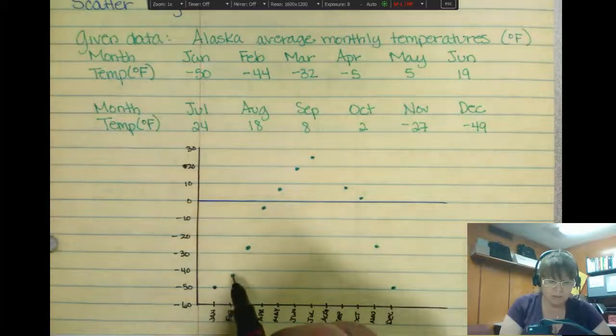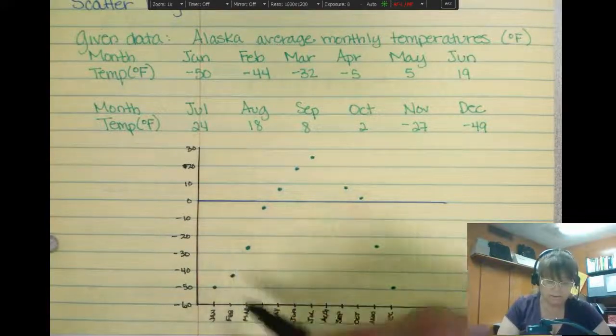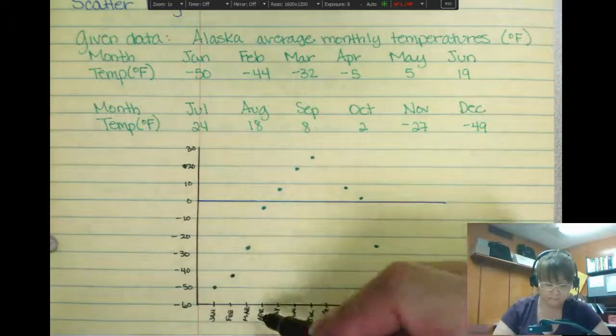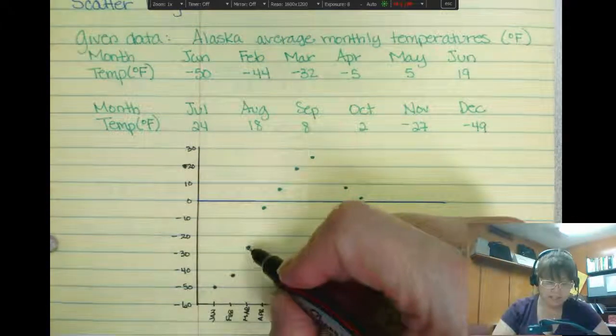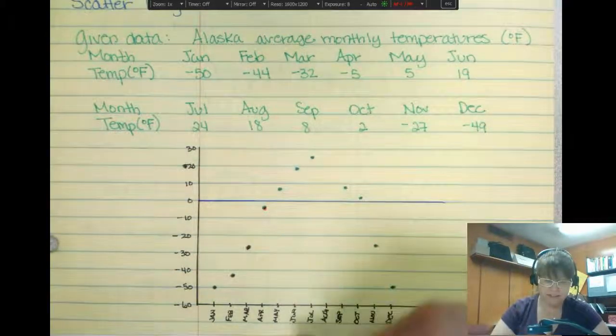February, well, we don't have a 44, so we're going to guesstimate where a 44 is. It's not quite halfway between negative 40 and negative 50. March, negative 32, May, negative 5, and so on.